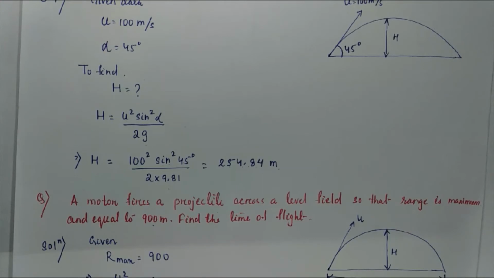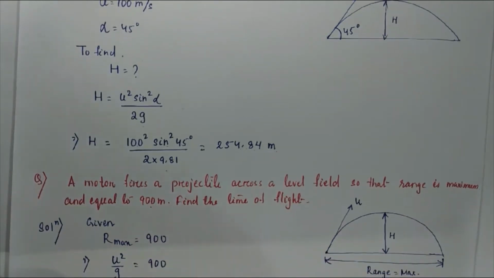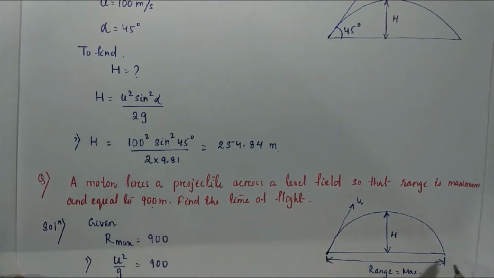That is, range R is given, equal to 900 meter. Range is the horizontal distance covered by the projectile to reach the destination. If we consider this is the point of projection, and this is the destination point, then this is the horizontal distance, or you can say the range.